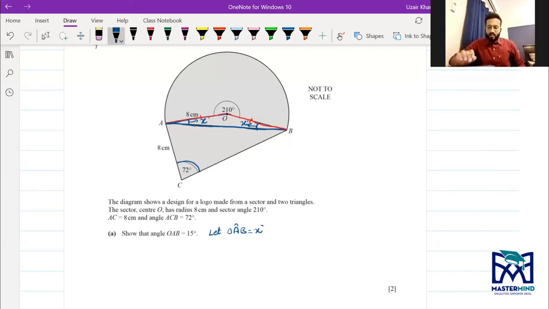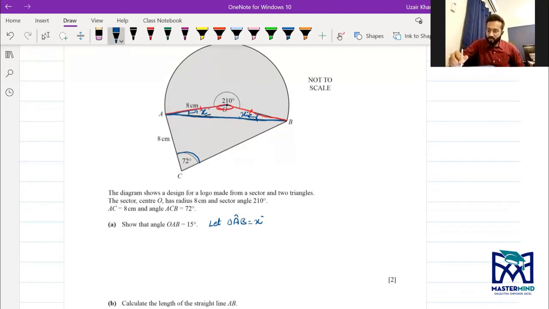Now the third thing is, in order to calculate a missing angle in a triangle, I need at least two known values. Now these two happen to be the same angle, which is fine. I need the third angle, which is this angle right here, angle AOB. So I don't have that yet, but it's very clear that I can calculate it very easily. So I'm going to do a small calculation on the side.